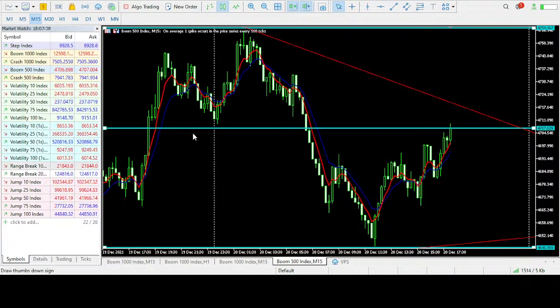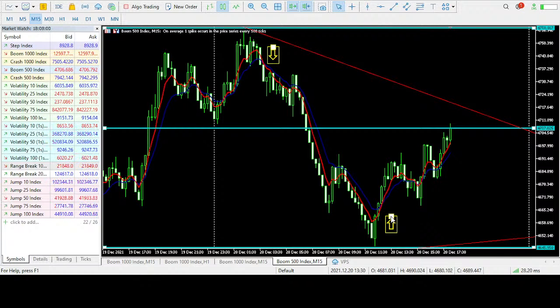It's a very easy and effective trading strategy that you just need to practice, and you can apply it to the volatility indices on MetaTrader 5. It's based off of price action, and it's easily repeatable.